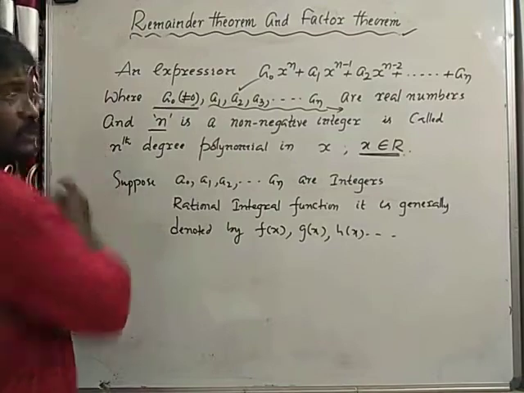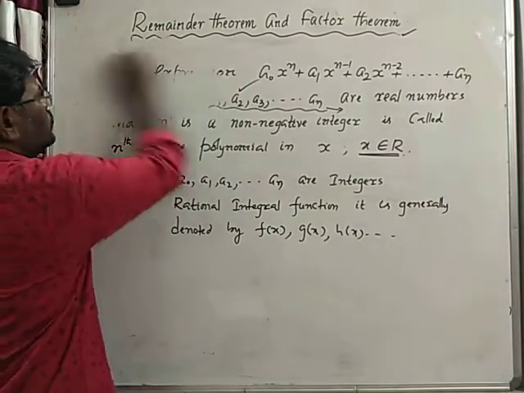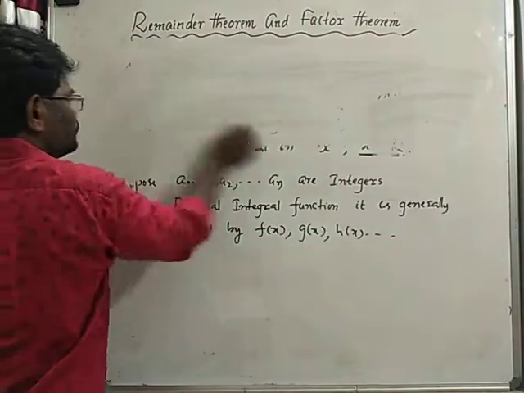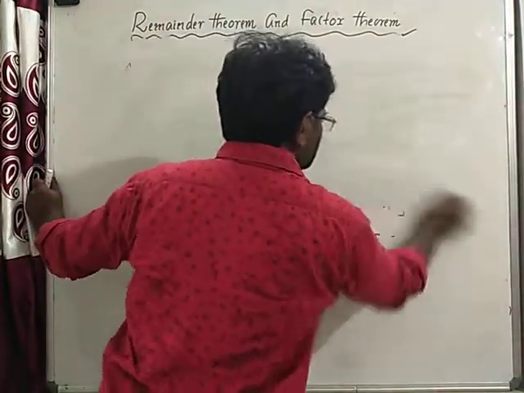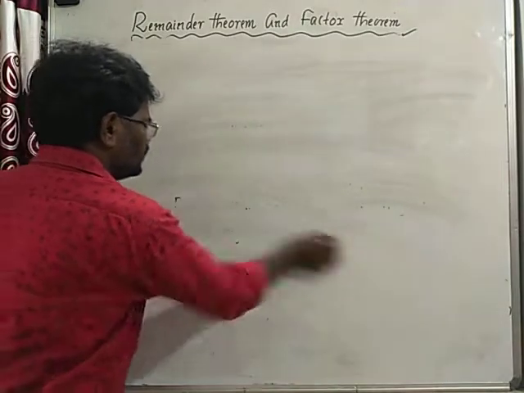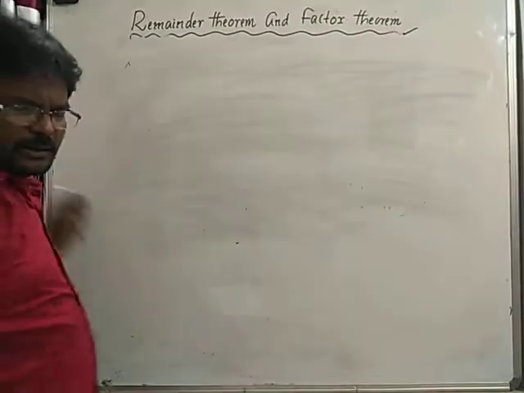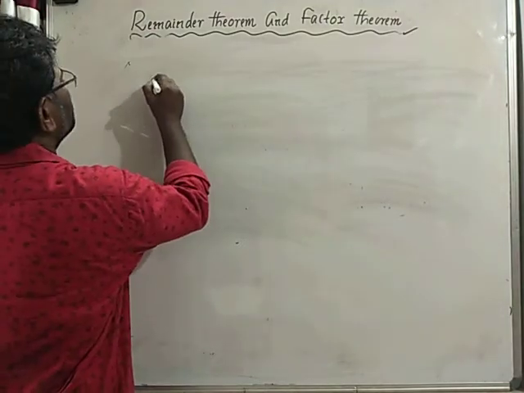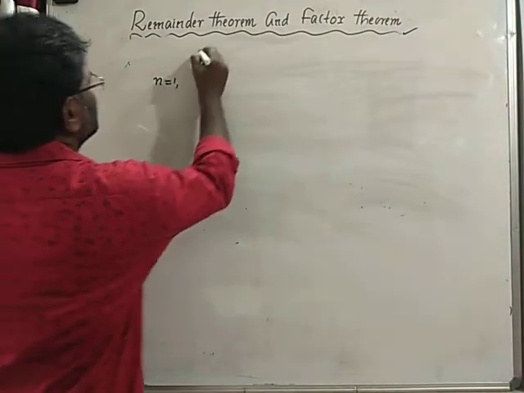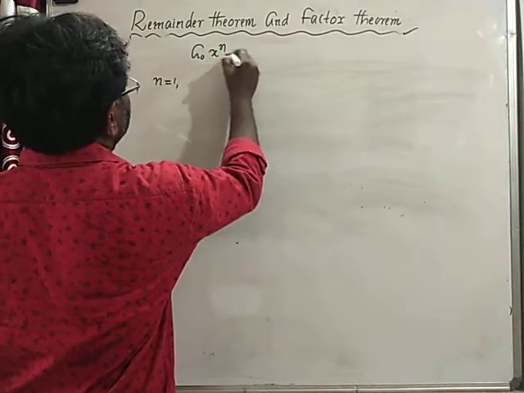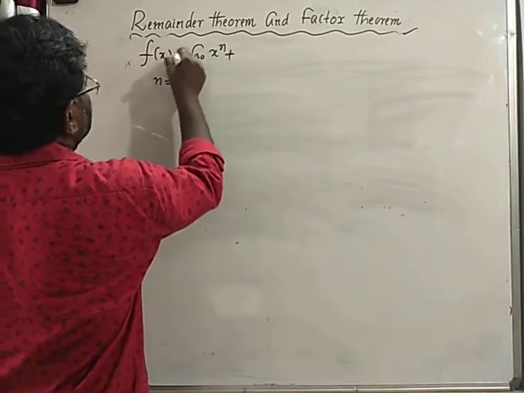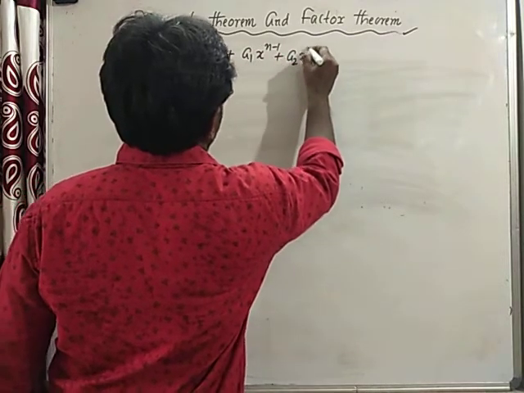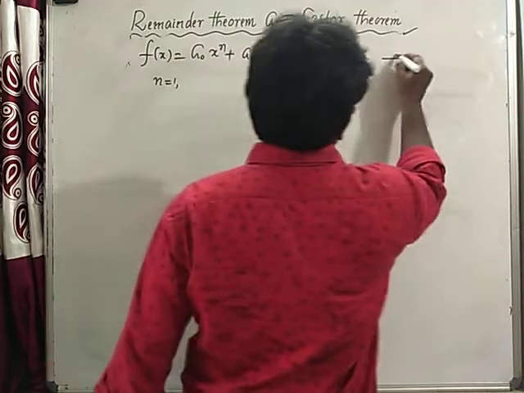Now we are going to name the polynomials by using degree. We learned in previous classes, once again I have to explain that. See, suppose n is equal to 1, the general polynomial f of x is a naught x power n, a1 x power n minus 1, a2 x power n minus 2, and so on an.